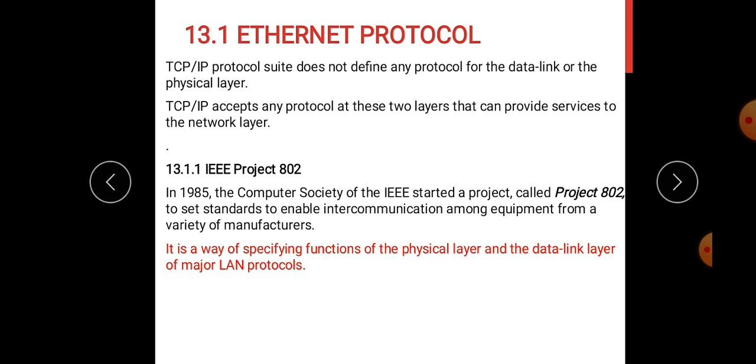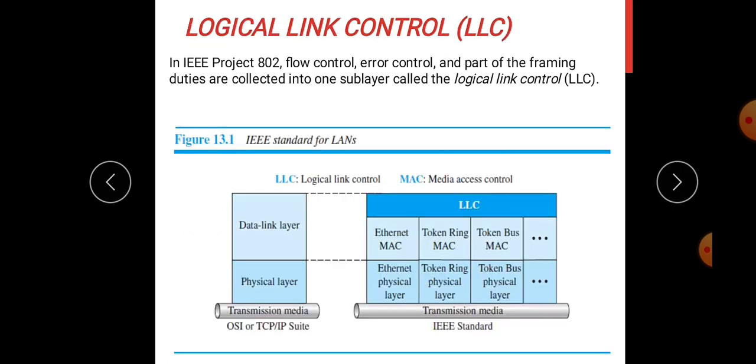Project 802 does not seek to replace any part of the OSI model or TCP/IP protocol suite. Instead, it is a way of specifying the functions of the physical layer and the data link layer of major LAN protocols.